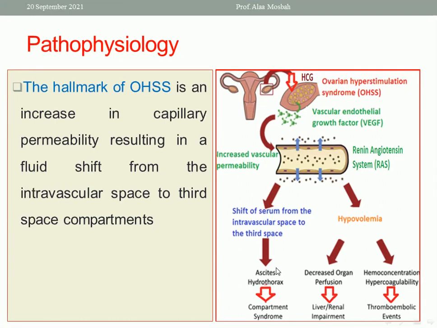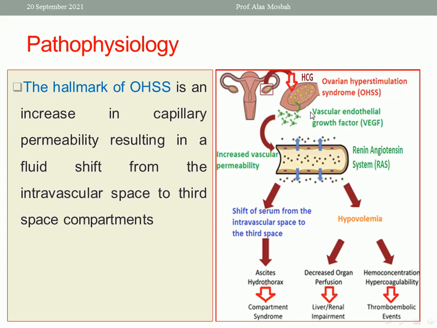What about the pathophysiology? The most important thing to know is that there is an increase in capillary permeability, with a shift of protein-rich fluid from the intravascular space to a third space compartment like the peritoneal cavity. That's why there is ascites. You can look at this picture. This is the ovary stimulated with gonadotropin, with multiple follicles present.